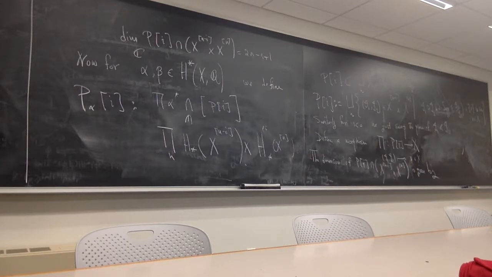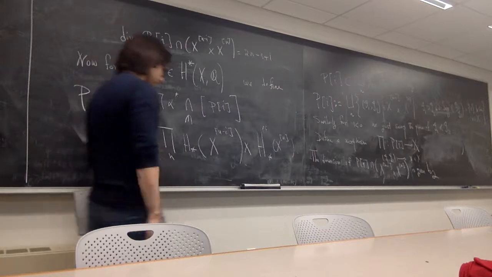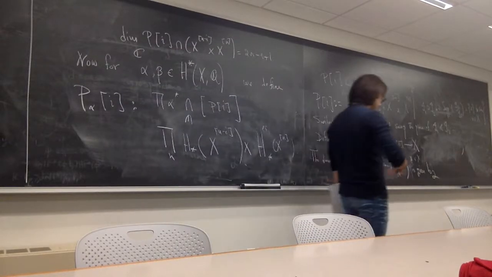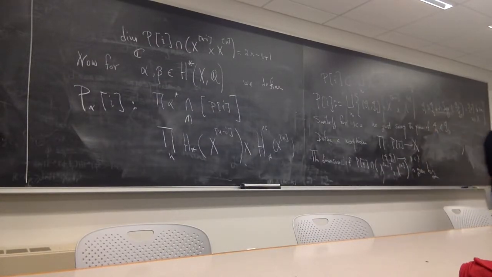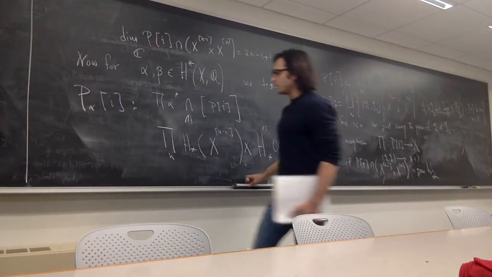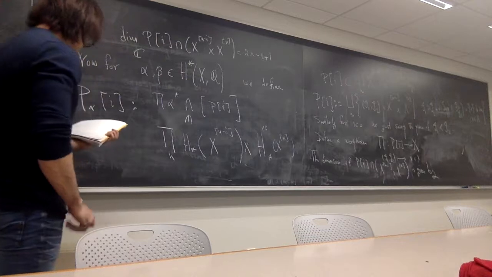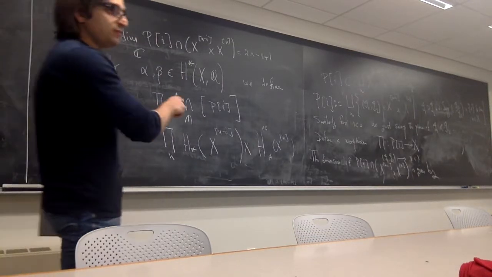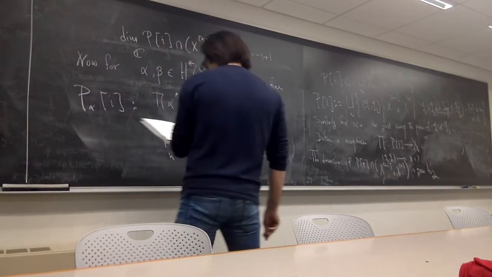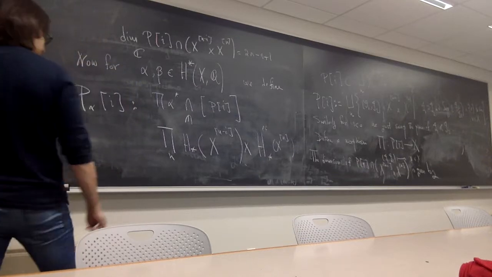So Borel-Moore cohomology is the cohomology theory of possibly infinite chain complexes with finite support. Okay. Sorry, what is that, LF? Locally finite, the Borel-Moore. Yes, so this is basically that.